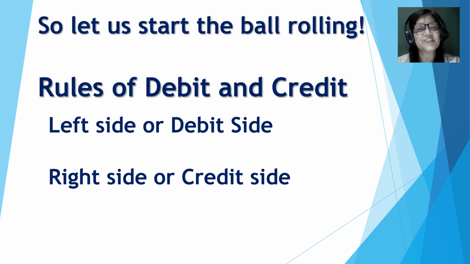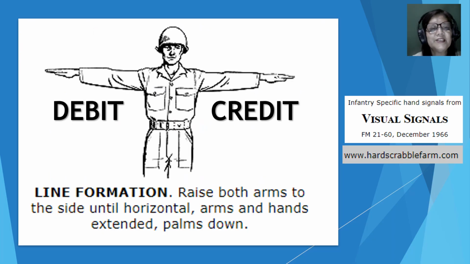So let us start the ball rolling. Rules of debit and credit: left side or debit side, right side or credit side. Let's look at the figure. The man raised both arms to his sides.